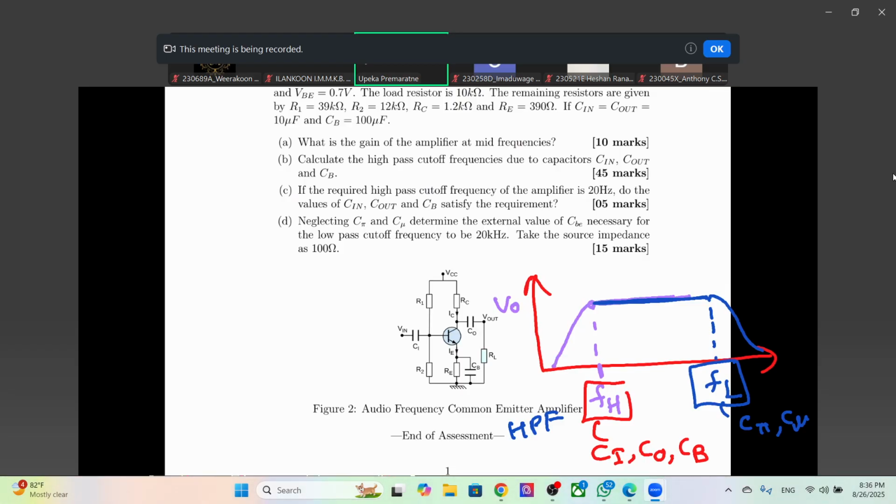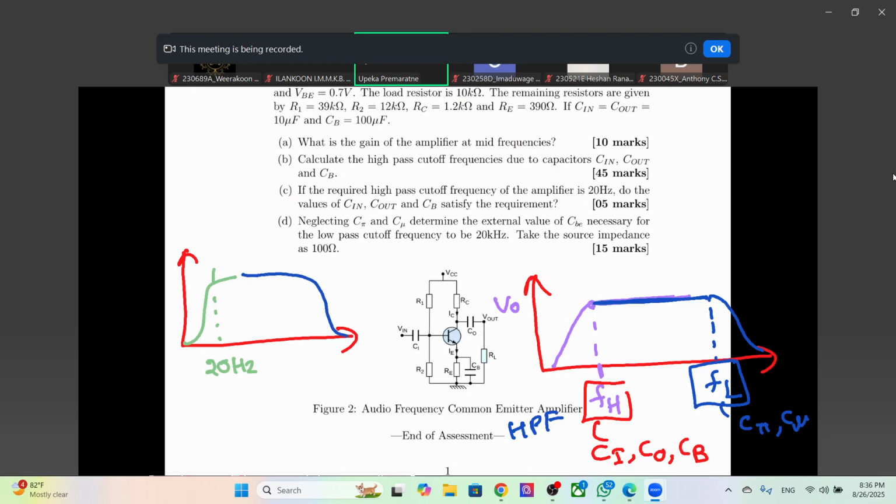To explain what we are doing here in a different way, we select the values of our blocking capacitor so that we have a high pass cutoff frequency of 20 hertz.